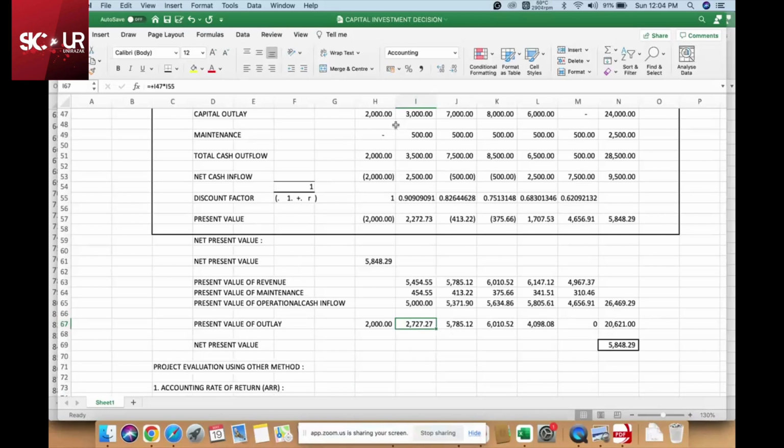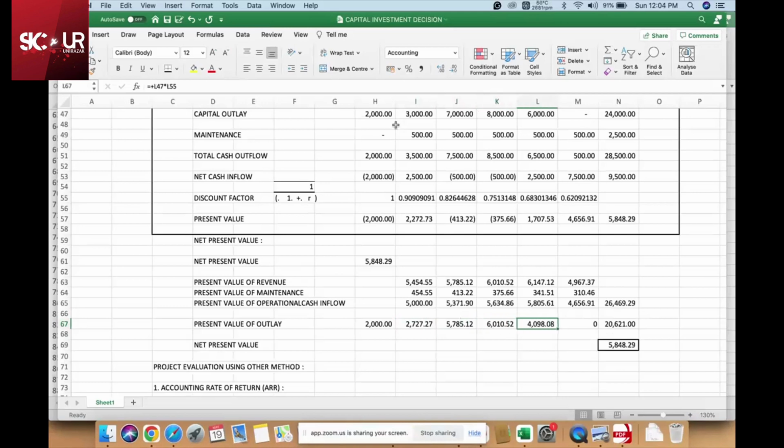The same thing in year 2, you need to pay 7 million investment, but in terms of present value it is only 5.7 million. In year 3, 8 million, you discount at the rate of 0.75, you actually invest 6 million.